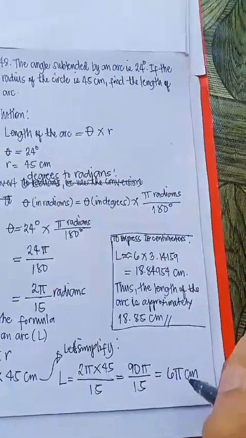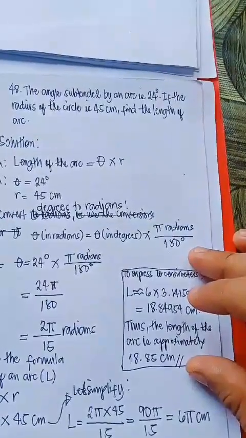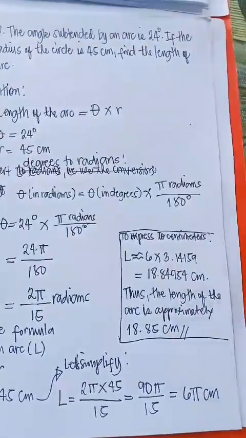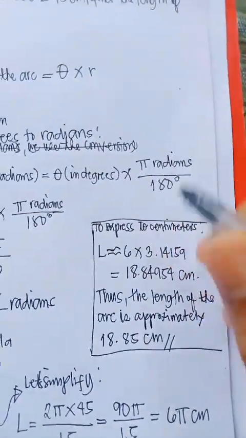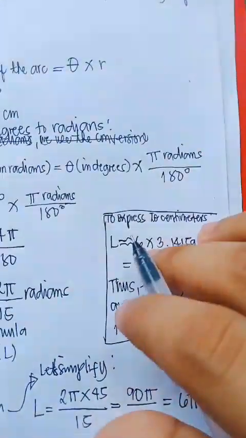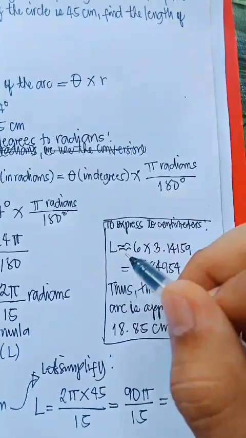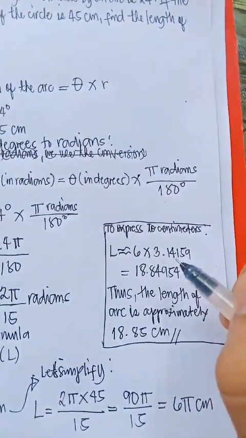But since we're looking for the length in centimeters, we need to express this in decimal form. So L is approximately 6 times 3.14159.